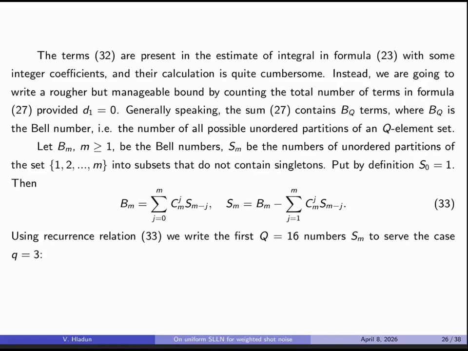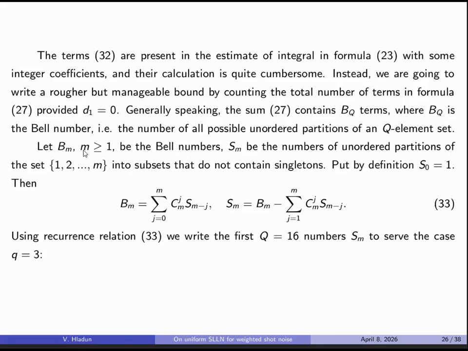Generally speaking, the sum 27 contains B_q terms, where B_q is the Bell number, that means the number of all possible unordered partitions of a q element set.